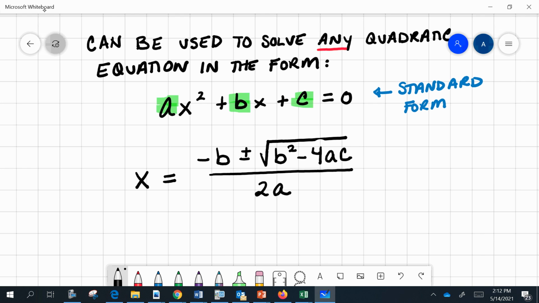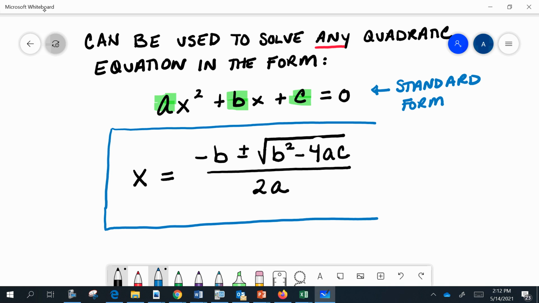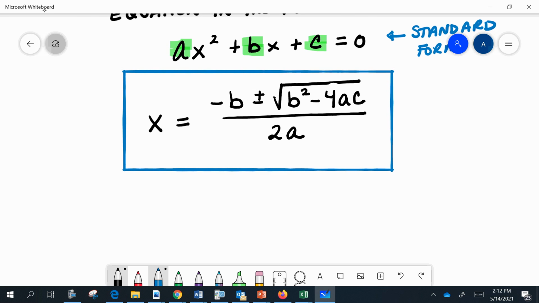Okay? So this is the quadratic formula, and the best thing to do is just to really try to memorize this, because the more that it's memorized and you can say it in your head, the easier it is to use it. So let's go ahead and come down here, and we're going to work through our first example.